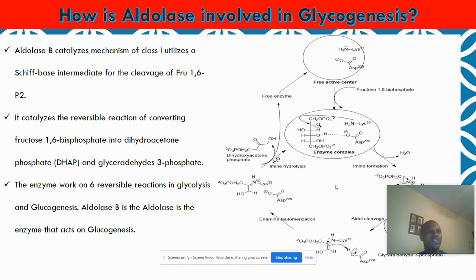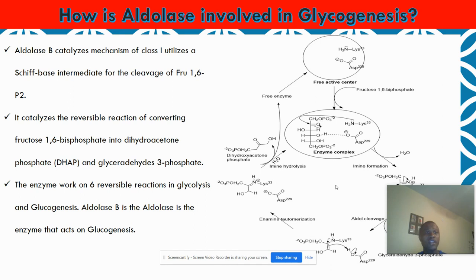And so aldolase B catalyzes the mechanism of class 1, utilizes a Schiff base intermediate for the cleavage of fructose 1,6 bisphosphate. So it catalyzes the reversible reaction converting fructose 1,6 bisphosphate into dihydroxyacetone phosphate and glyceraldehyde 3 phosphate.